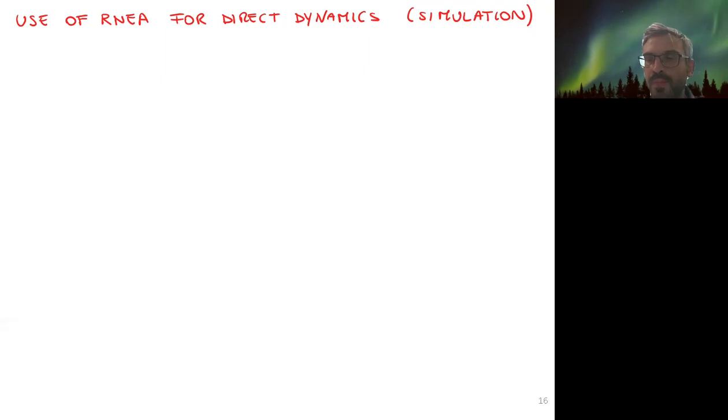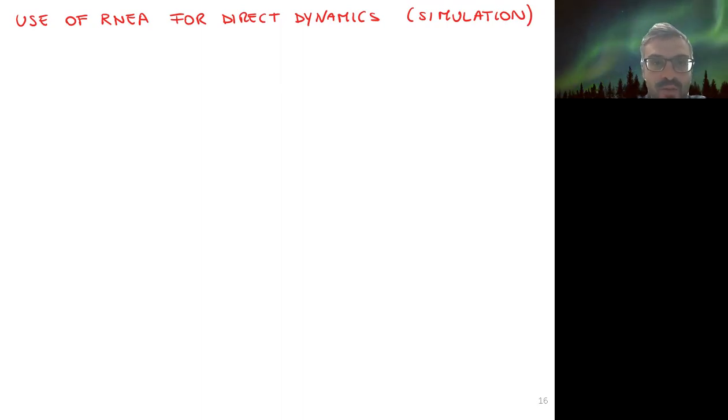So, the lecture of today, we finish the chapter related to dynamics of articulated robots. Last lecture, we were describing the method of Newton-Euler to derive, as an alternative to the Lagrangian one, the dynamic model of a generic robot.